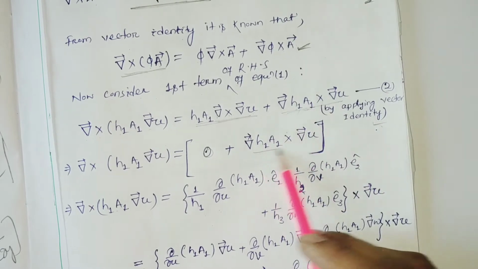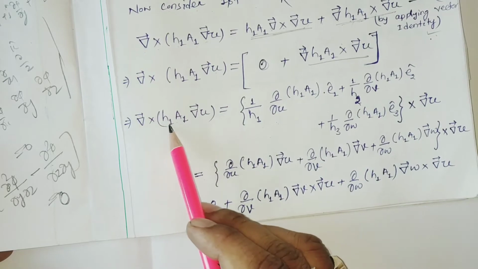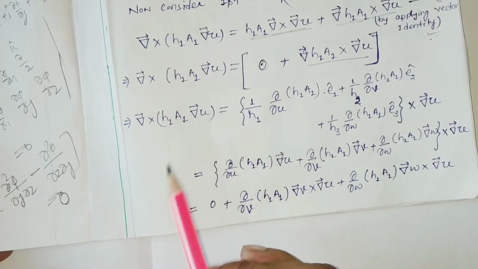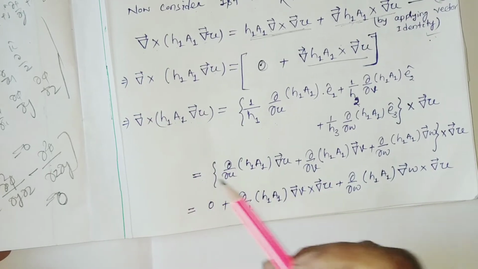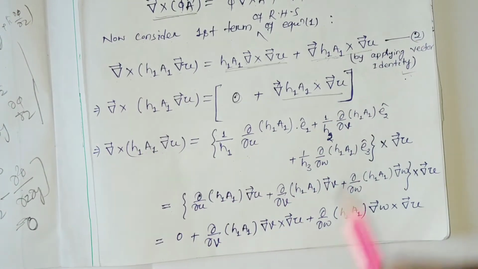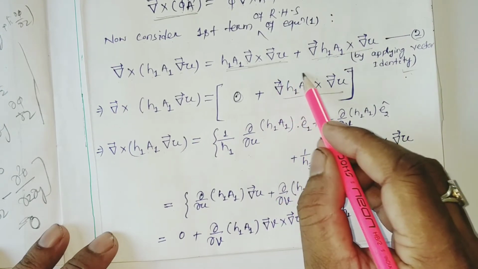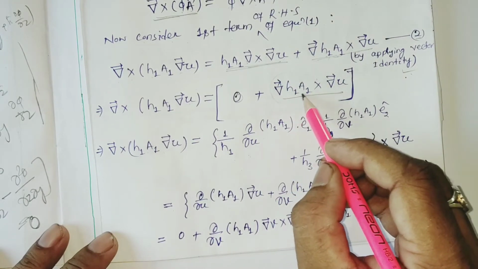Now that implies del cross h1 a1 del u will be equal to, here you can see that this is nothing but the gradient of a scalar function.